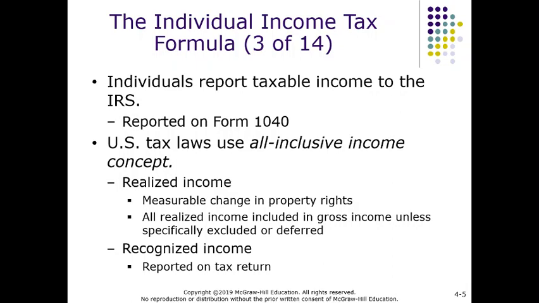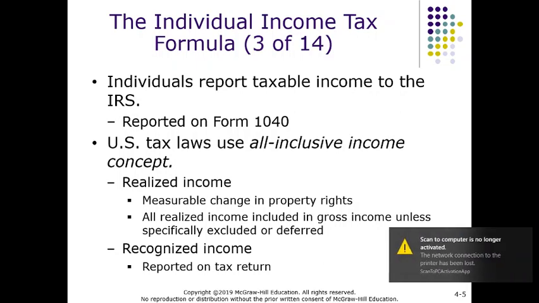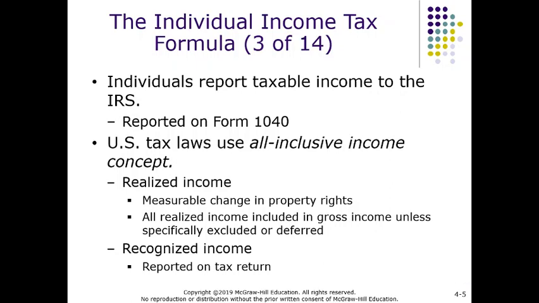You sell stock for cash. That's a measurable change in property rights. But notice here, you can realize income even when you exchange your property for the other party's property. You don't have to receive cash.